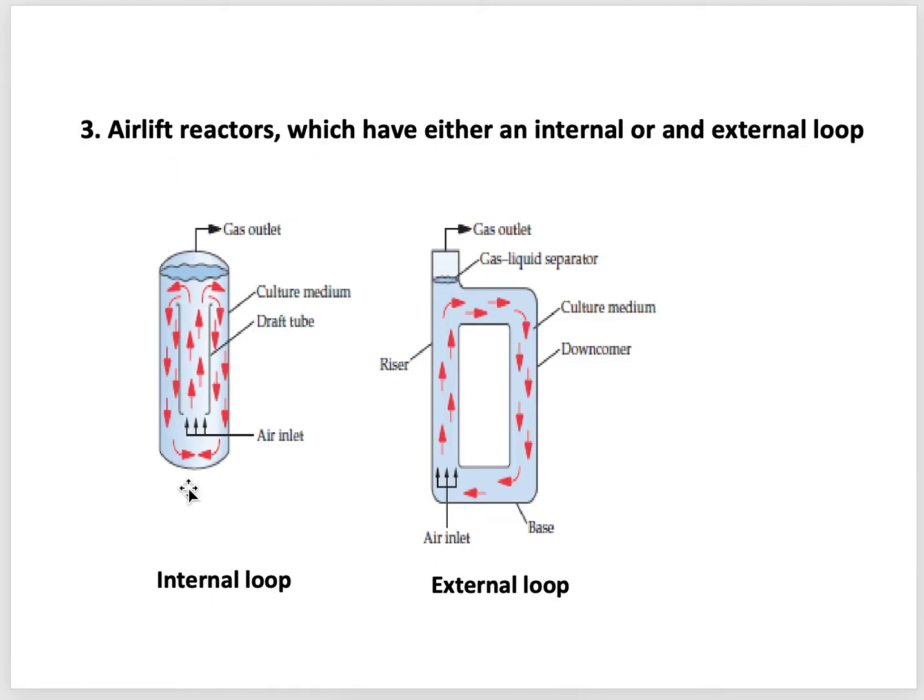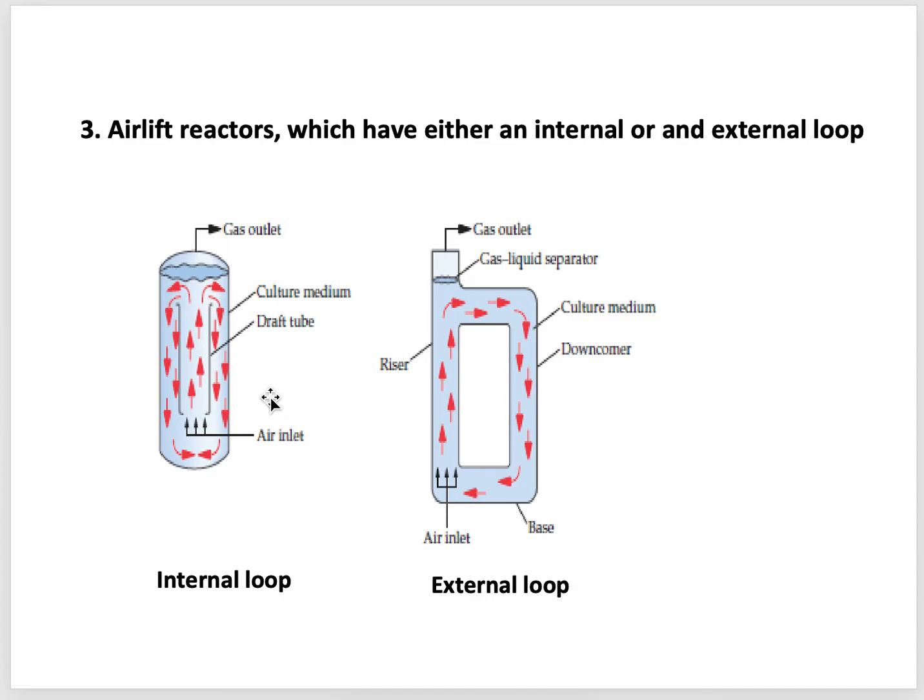Say in this bioreactor we are injecting air. What will happen? The air will form bubbles and go upwards. Why are we injecting the air? Just to achieve the mixing? Definitely not, right?